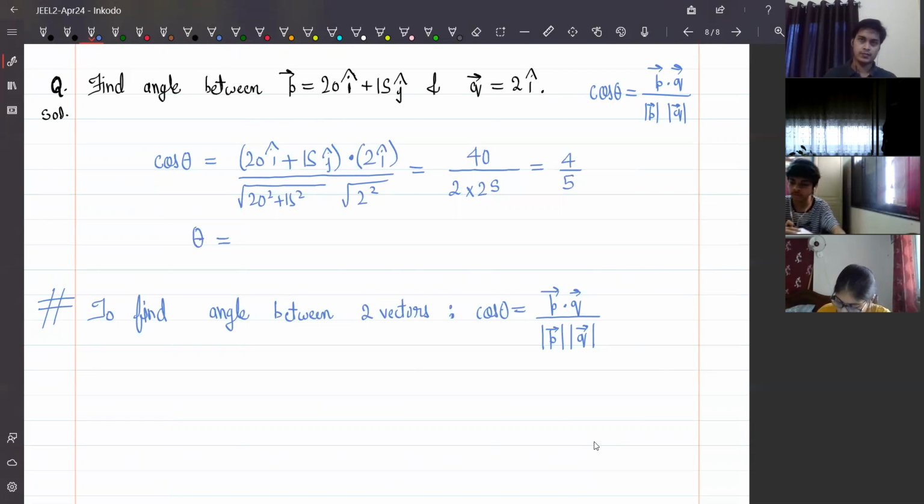Theta is 37. So we can use this to find the angle between two vectors.